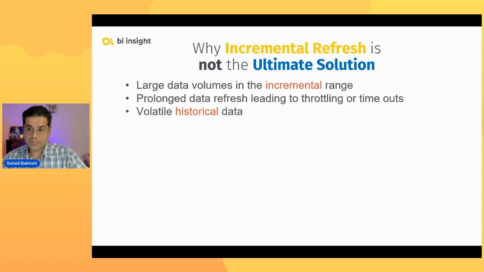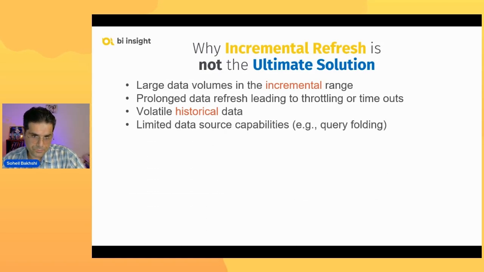Volatile historical data: if the data in the historical range tends to change a lot, that would be a real challenge to use incremental data refresh. Limited data source capabilities, for example, if the data source does not support query folding, then we are in trouble.